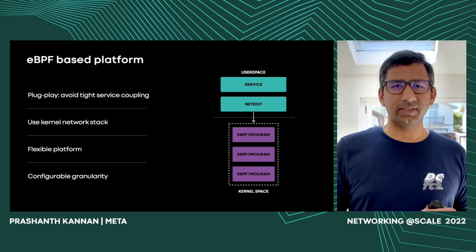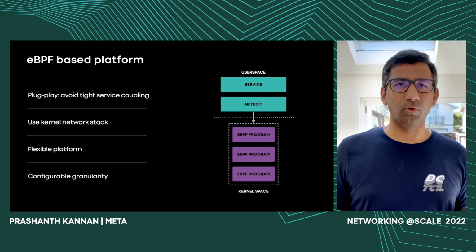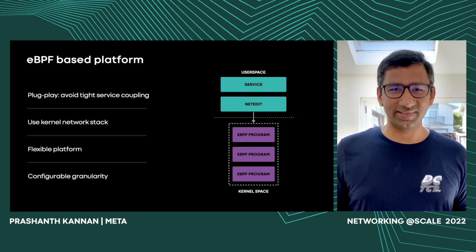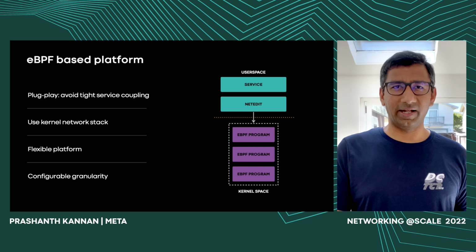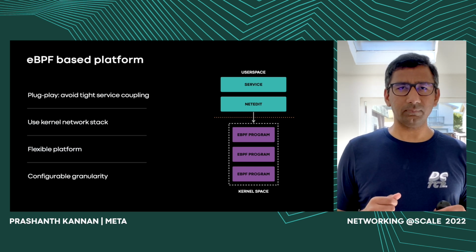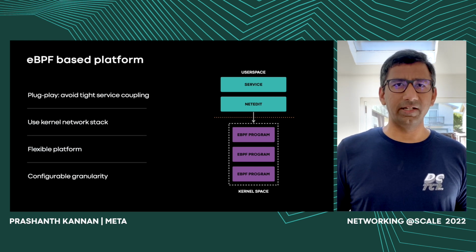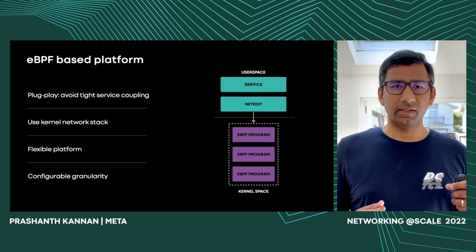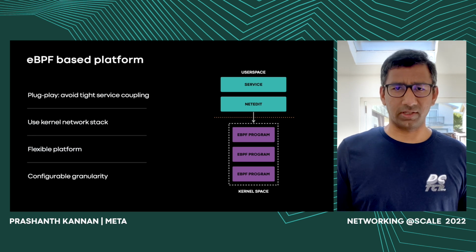eBPF helps us with each of these requirements and plays a central role in this platform. There are many awesome talks on eBPF and its use cases. So I'm going to start with a high level introduction specific to our use case. In a nutshell, eBPF allows us to manipulate different parts of the kernel network stack by leveraging kernel data structures along with user space, state, and logic.